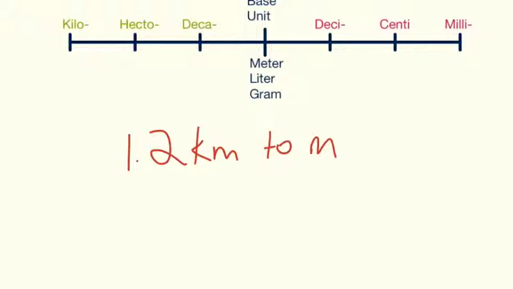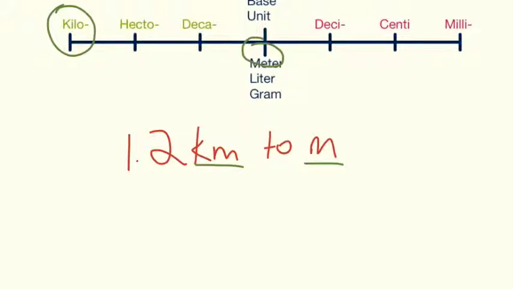So now we want to use the number line to help us convert from one type of unit to another type of unit, and it's actually really quite simple. So the first thing you need to do is find out what you're starting with and where you're going to. So in this case, I'm starting with kilometer, so I'm going to circle kilometer here, and I'm going to meter, so I'm going to circle meter here, or base unit.